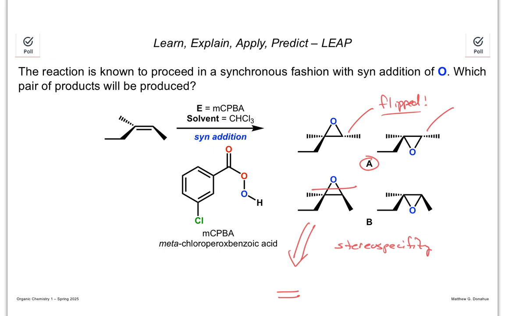And then we have to retain the existing stereochemistry that we see from that epoxide. So that methyl group goes back, that one comes forward, the ethyl group comes forward. So by looking at the stereochemistry of the product, you're able to infer what the starting material geometry was.